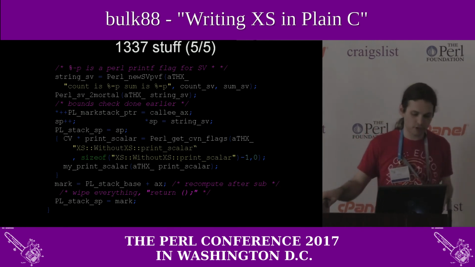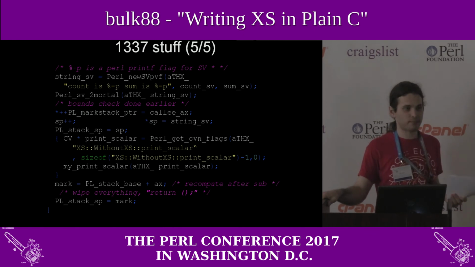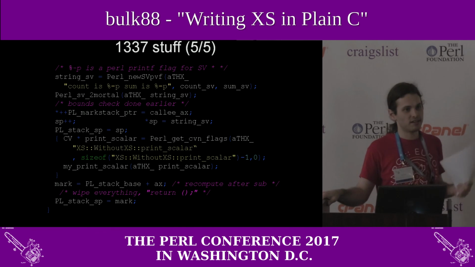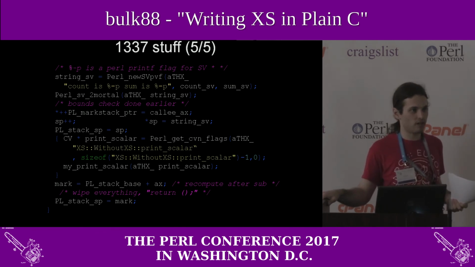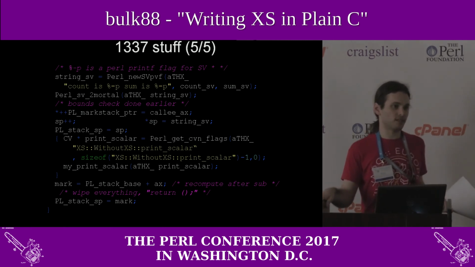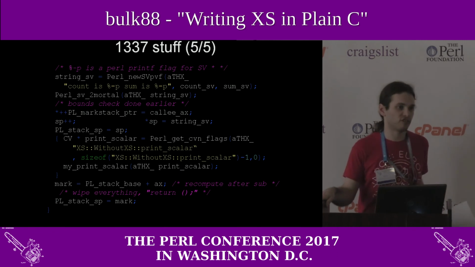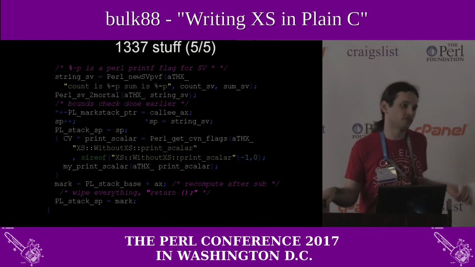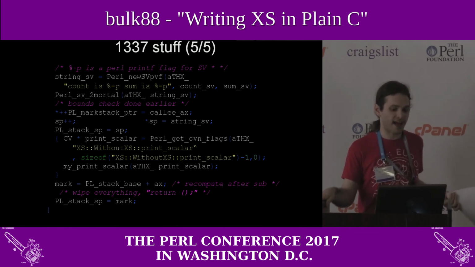Again, we have to recompute mark because if you try to use SP or mark after any other subroutine calls, you will crash, and it's a common problem on P5P and with CPAN code where you use stale local SPs and stale local mark pointers, and after doing a call to a child subroutine, you never refresh those pointers from global storage or from the global interpreter variables, and then it's a use after free error, or use after realloc error, and you promptly crash.